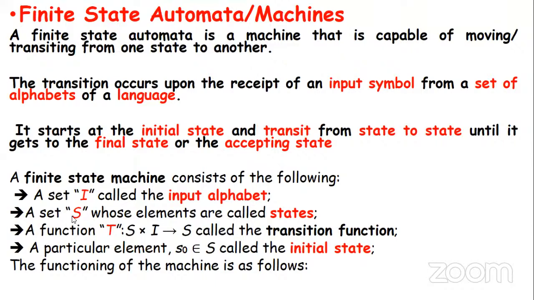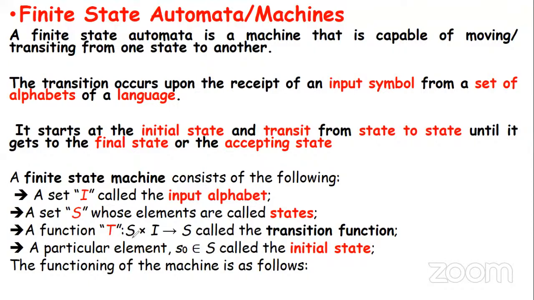So here, states is defined as S, as against Q in the last class. Now, a function T, as against the P that we saw last week, which is, okay, let me put the annotation.